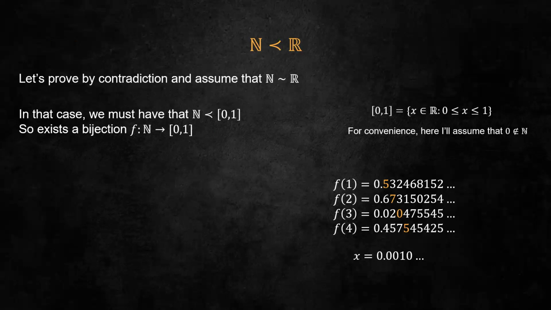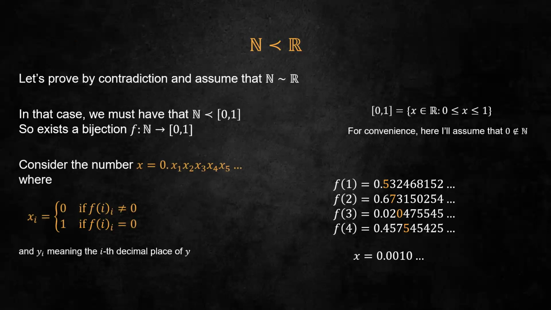So why are we doing this? The goal with the contradiction is to arrive at something that is not true. So we are doing this construction to see that x cannot be part of this enumeration. x will not be f of 5, will not be f of 6, will not be f of 100, of anything, because we are constructing it in a way that it does not match the decimal place at position n with the value of f of n.